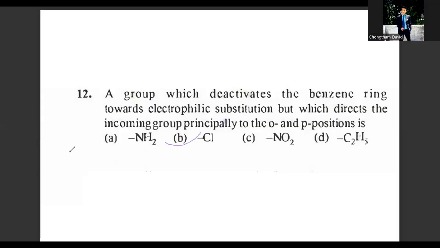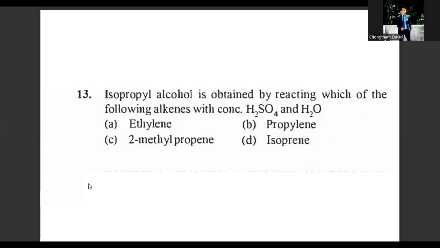I hope it's clear. Let's move on to question number 13. Isopropyl alcohol is obtained by reacting which of the following alkenes with concentrated sulfuric acid and water? So you're given A, ethylene, B, propylene, C, 2-methylpropene, and D, isoprene. So to understand this, you can write down the reaction.